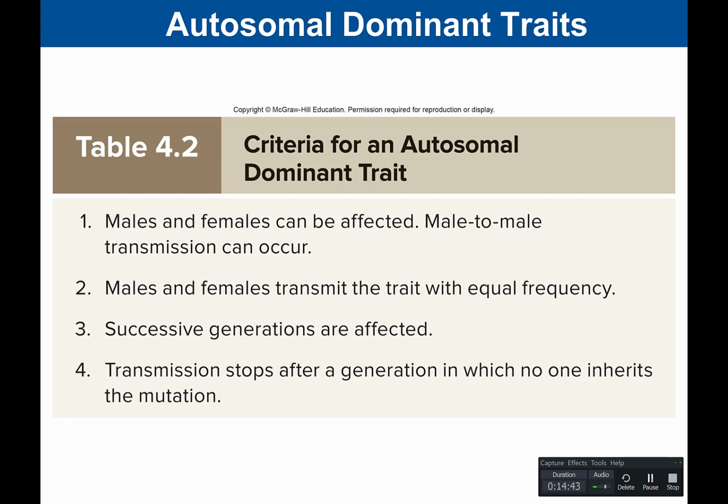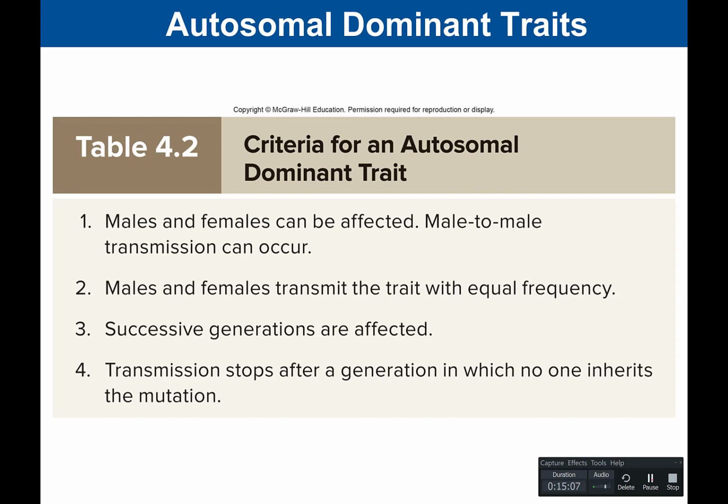So what are the criteria for an autosomal dominant trait? Males and females can be affected. Male-to-male transmission can occur. That is going to be different than if we look at sex-linked traits, which we'll talk about later. Males and females transmit the trait with equal frequency, which again tells us that it's autosomal.